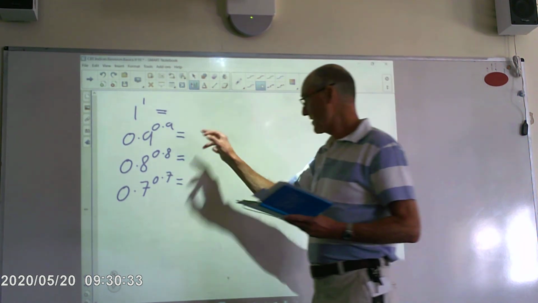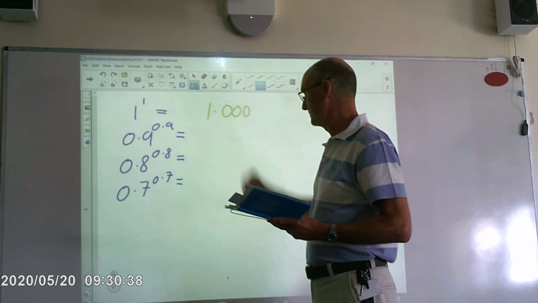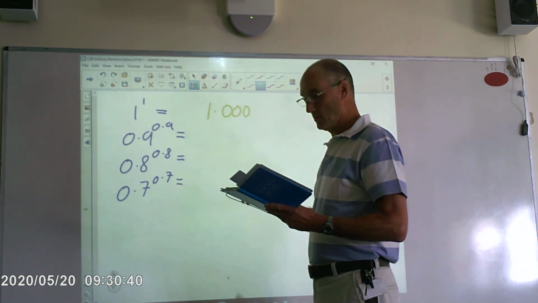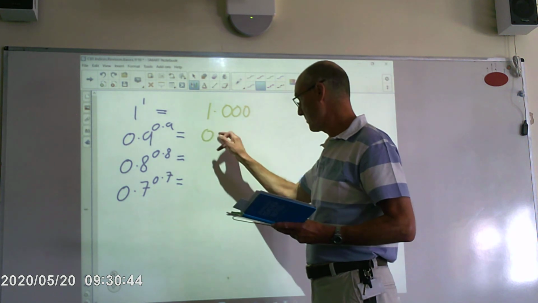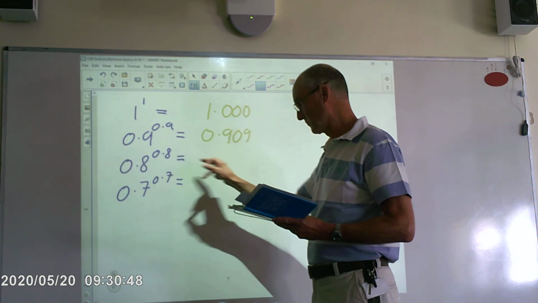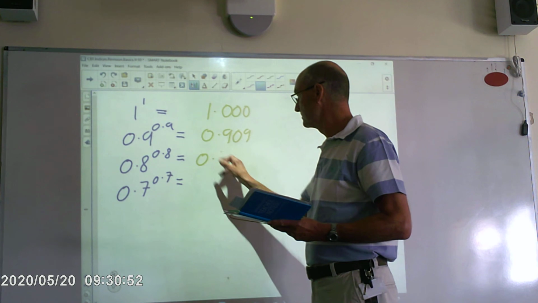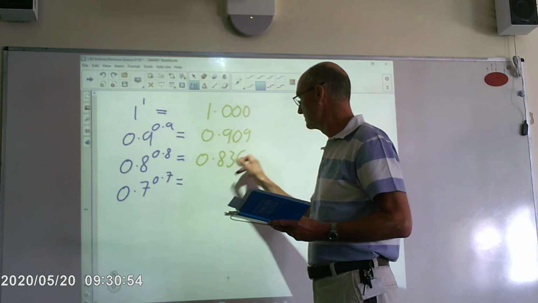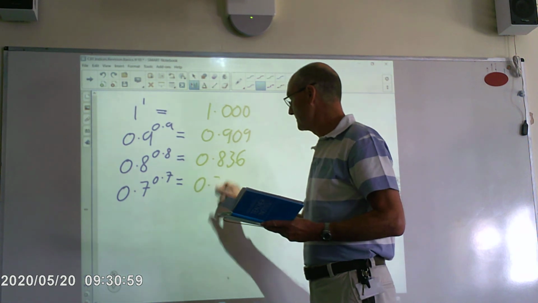Okay, 1 to the power of 1. 0.9 to the power of 0.9, and I'm going to do it to 3 decimal places here. 0.8 to the power of 0.8. 0.7 to the power of 0.7.